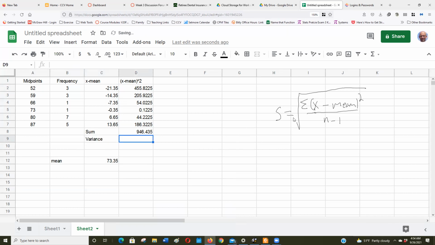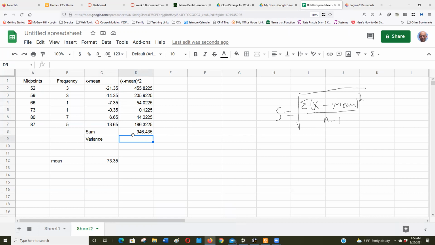So the variance is what we get before we take the square root. And to get the variance, we have to take that sum of all the squared differences, this 946 number, and divide it by 1 less than the number of numbers. And one thing that people do, they'll see, oh, 6 bins, we're going to divide by 5. We've got 20 numbers here, so we're going to divide by 19.